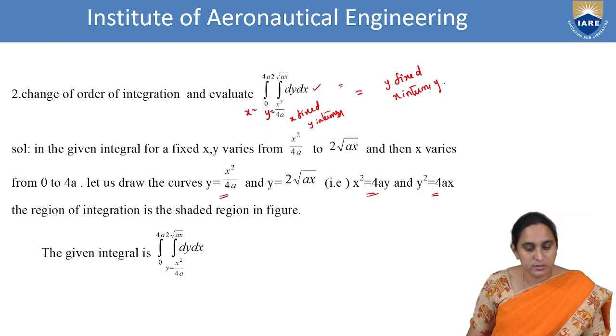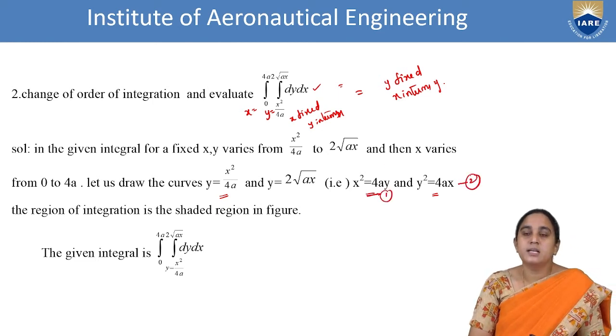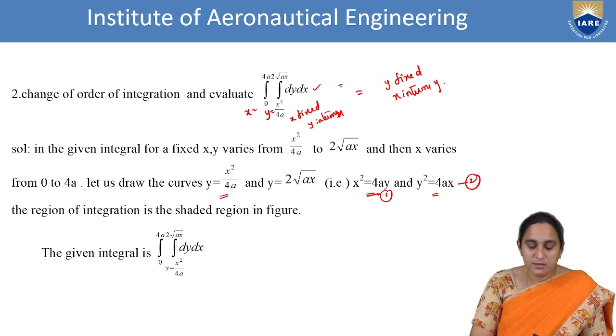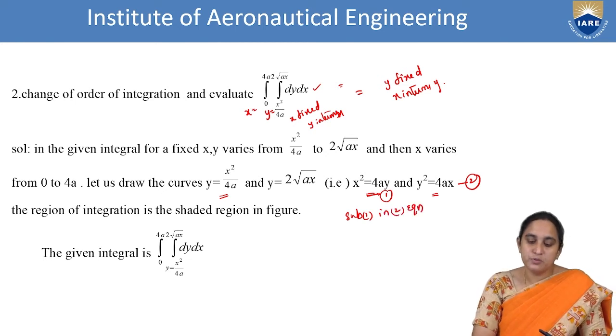First, I'll find the intersecting points from the parabolic equations. Let us take this as the first equation and this as the second equation, right? From the first equation, x square is equal to 4ay, and y square is equal to 4ax. Substitute 1 in the second equation.